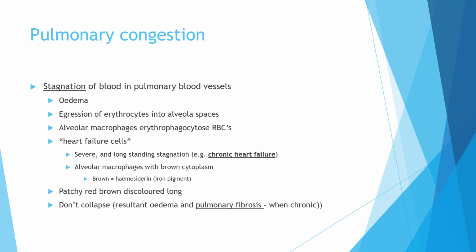This is often a sign of chronic heart failure, and because of the red blood cells being phagocytosed by the macrophages, they get digested, and they often have a brown cytoplasm, which is basically breakdown of hemoglobin. The lung often will have a discolored red, dirty brown color, and often doesn't collapse when the thoracic cavity is opened.